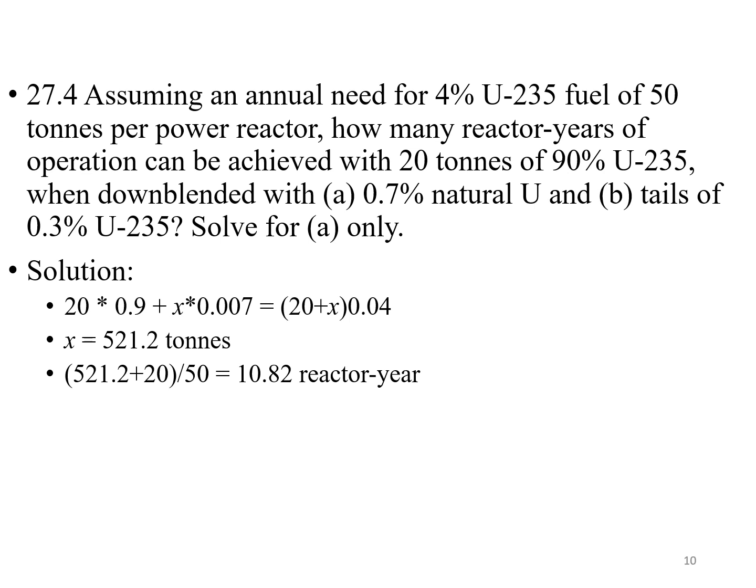This is the last problem in this lecture, 27.4. Assuming an annual need for 4% uranium-235 fuel of 50 tons per power reactor, how many reactor years of operation can be achieved with 20 tons of 90% uranium-235 when downblended with 0.7% natural uranium?